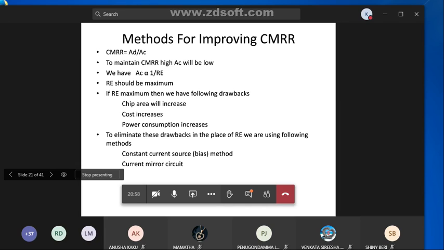But if RE is maximum, we have some drawbacks.